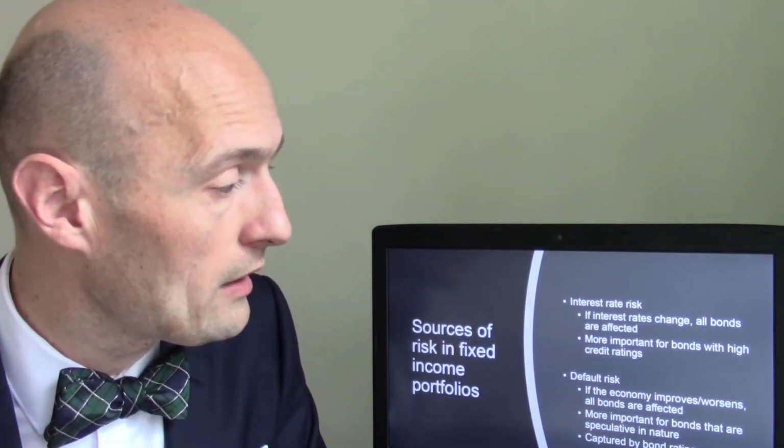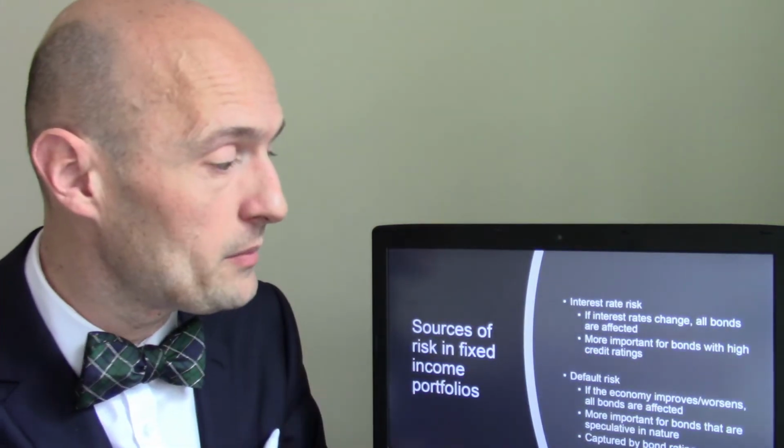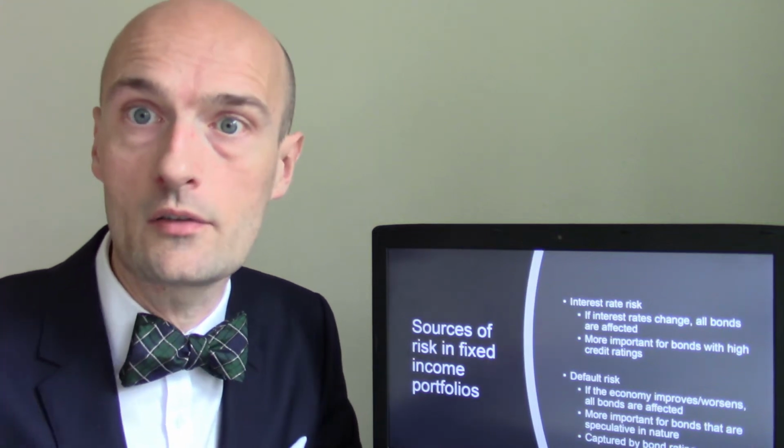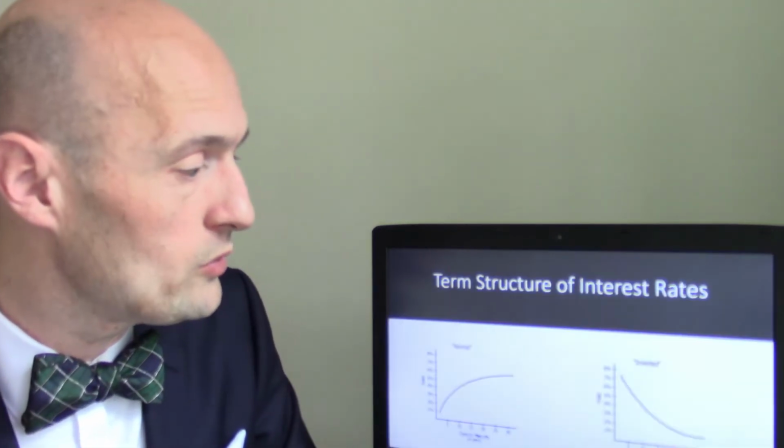So that will have a big effect. And of course, default risk is meant to be captured by the bond rating, the rating done by the agencies like Standard & Poor's or Moody's.